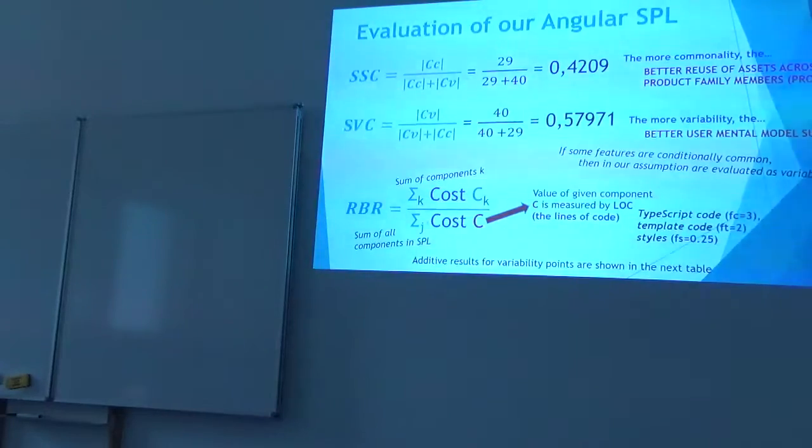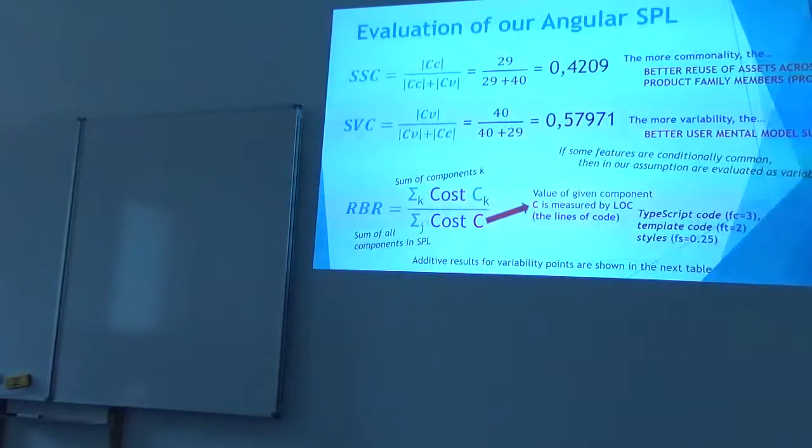I think this is beneficial to introduce Angular software product line, because 42% of code is included in every derivation. And the second coefficient, the variability, is also high, up to 60%, with 40 variable components in some, and we are only introducing this software product line to further evaluate it. Then I think it's good, but it depends on the number of variability points and so on.